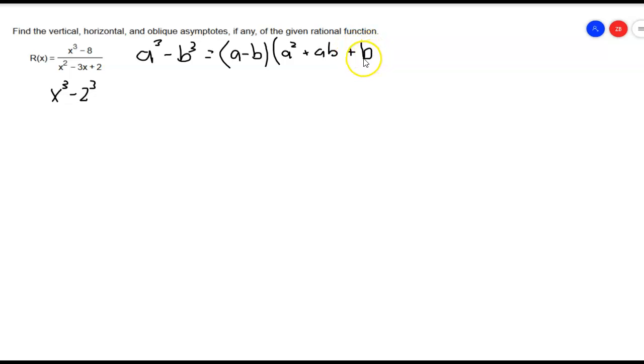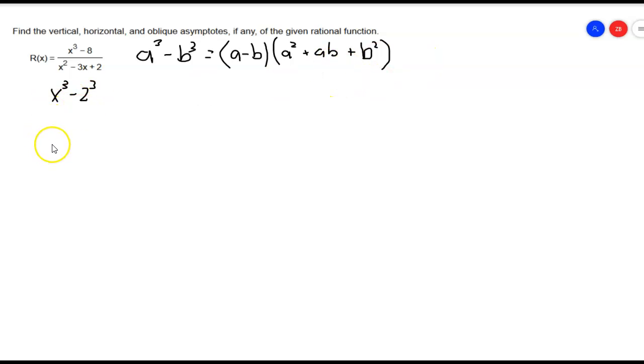This is just a formula called the difference of cubes. And if I notice that this follows that difference of cubes, my a here is x and my b is 2. So I'm just going to replace a with x and b with 2.